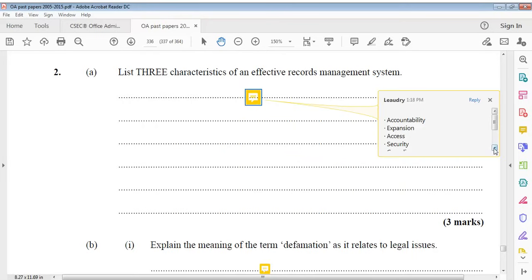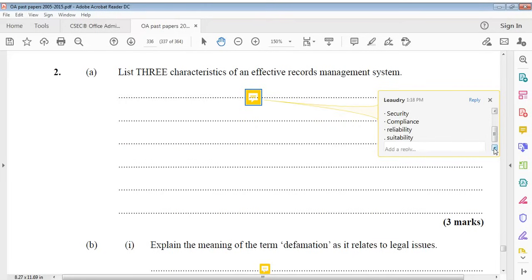So we have 1, accountability, 2, expansion, 3, access, 4, security, 5, compliance, 6, reliability, 7, suitability. So you have 7.